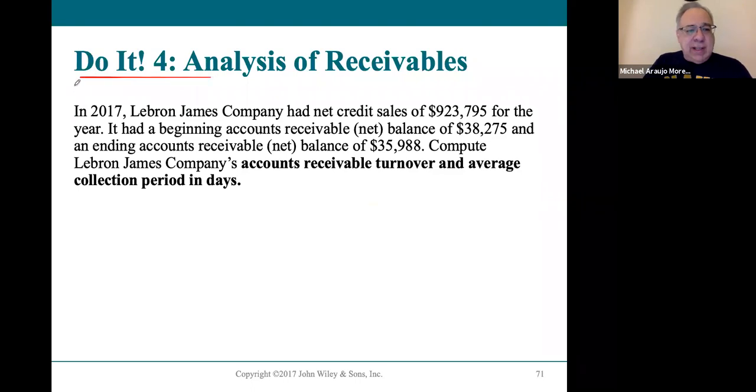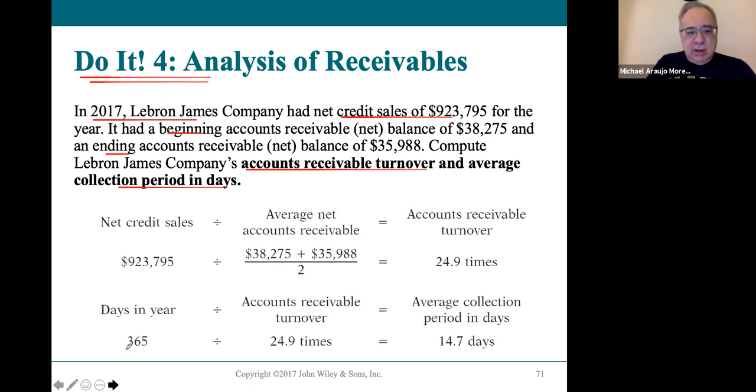So here is an example of the analysis of receivables for 2017 LeBron James Company. They have their net credit sales, and beginning and ending accounts receivable, and they want you to compute these two ratios. It always starts with the turnover ratio, and then you can calculate the day collection period.